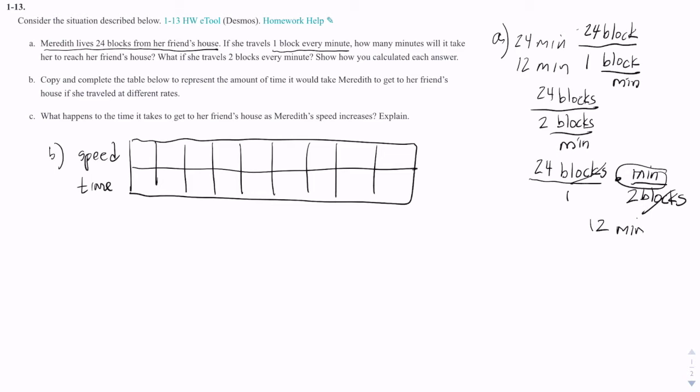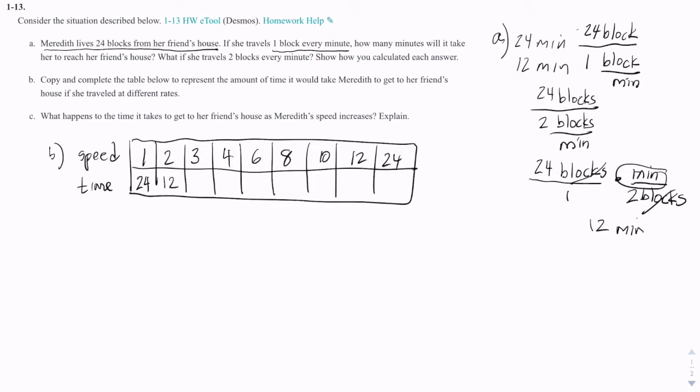So 1, 2, 3, 4, 6, 8, 10, 12, 24. So we already figured out when it's 1, it took 24 minutes. When it was 2, it took 12 minutes.